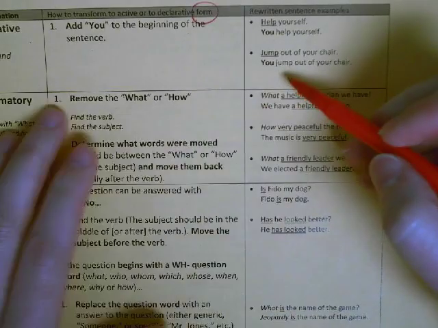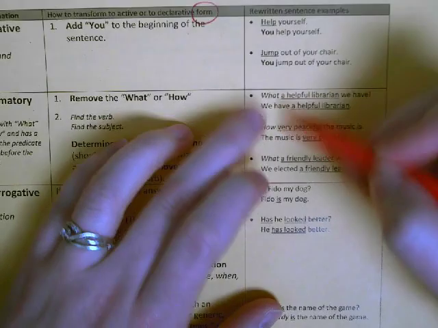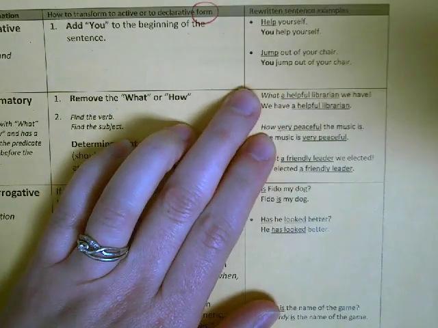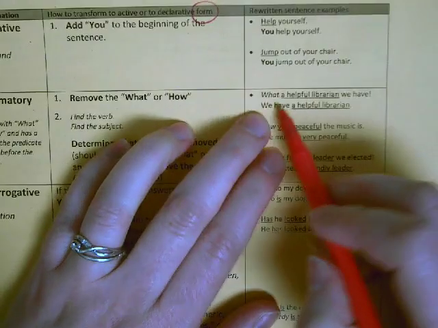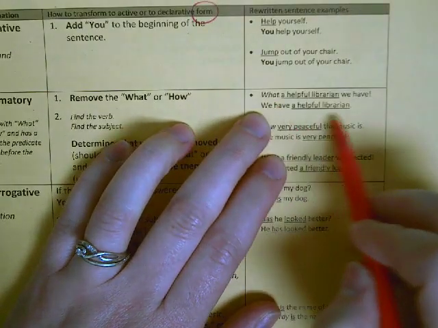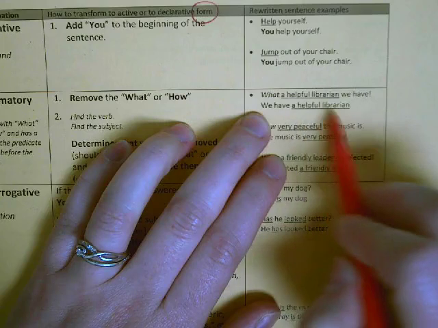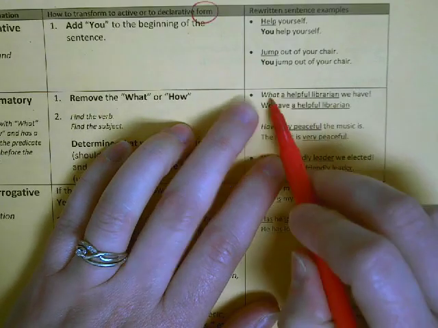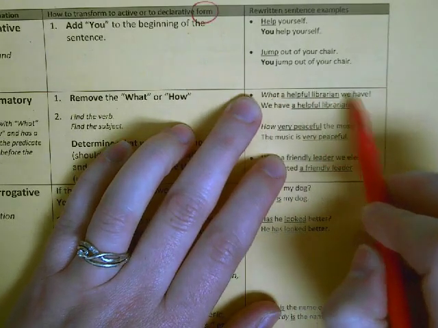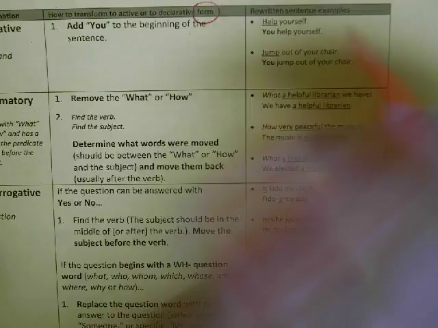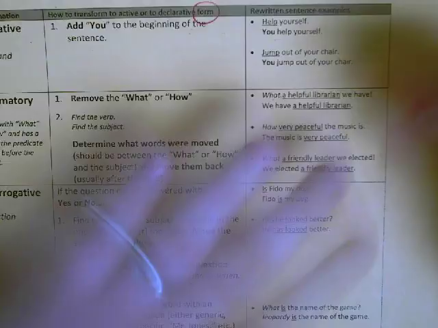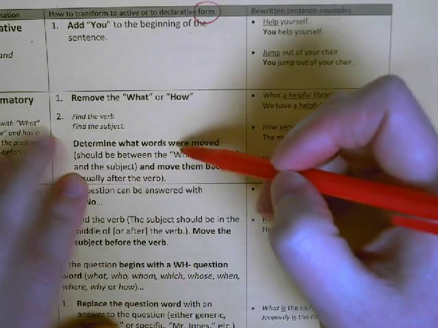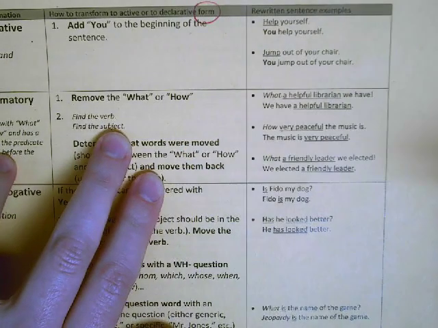So then what you do is you have to add a what or a how just to signal to the person who's reading the sentence that it's out of order, okay? So if your original sentence is we have a helpful librarian, but you really want to emphasize the helpful librarian, you would say what a helpful librarian we have. So other than the what or the how, you don't add anything, you don't take anything away from these sentences. All the words are still in the sentence. You just move some stuff around.